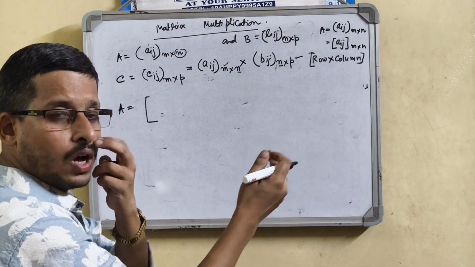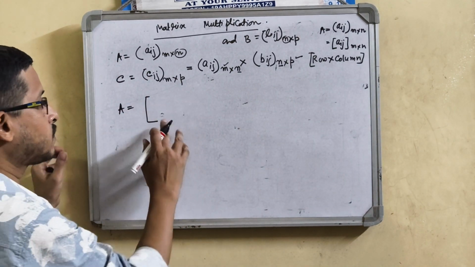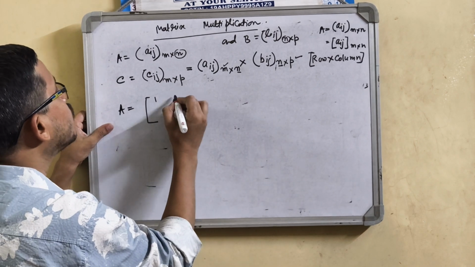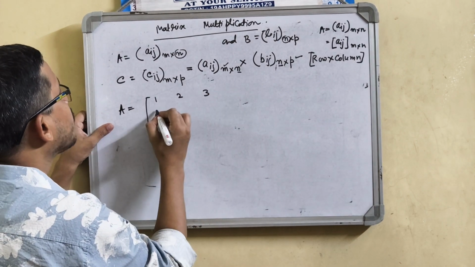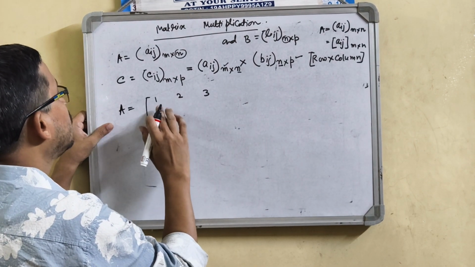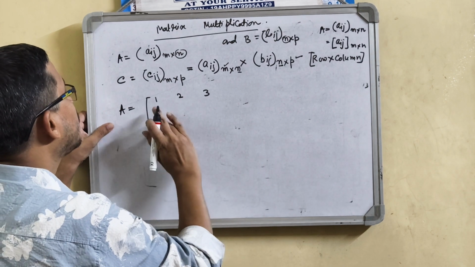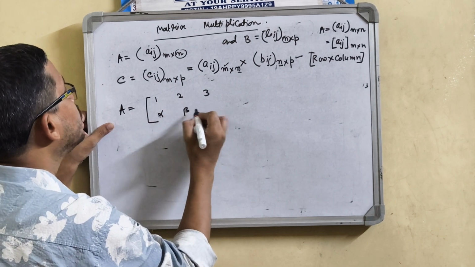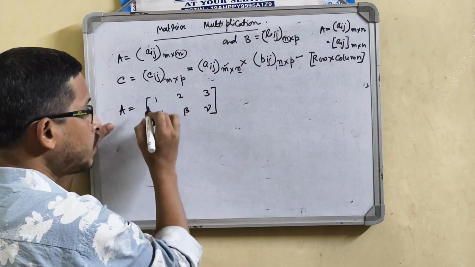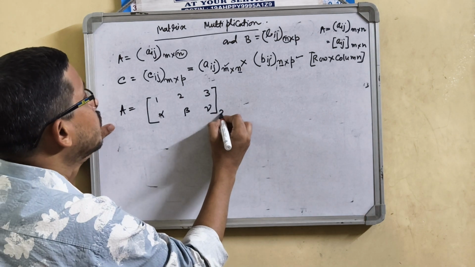Now I want to help you understand by giving an example. Consider the matrix A with rows 1, 2, 3 and 4, alpha, beta, gamma. How many rows? 2 rows.